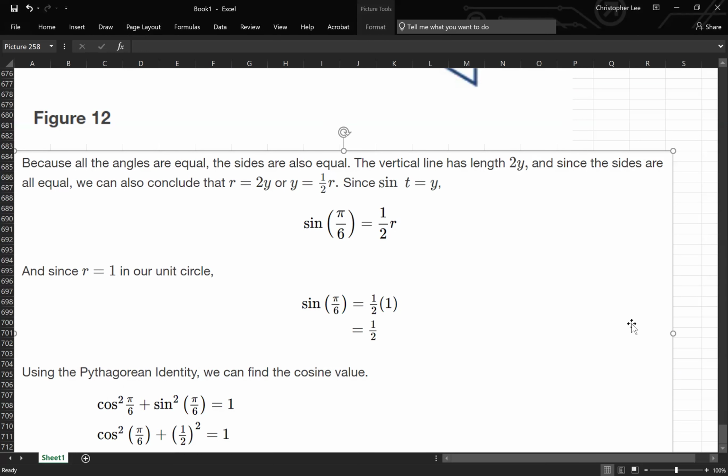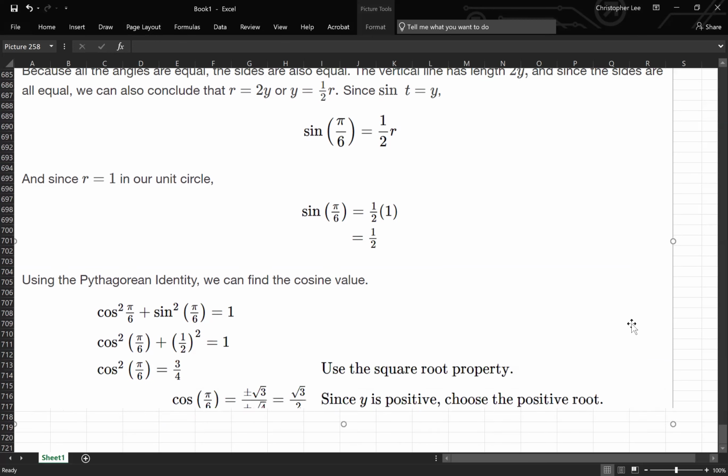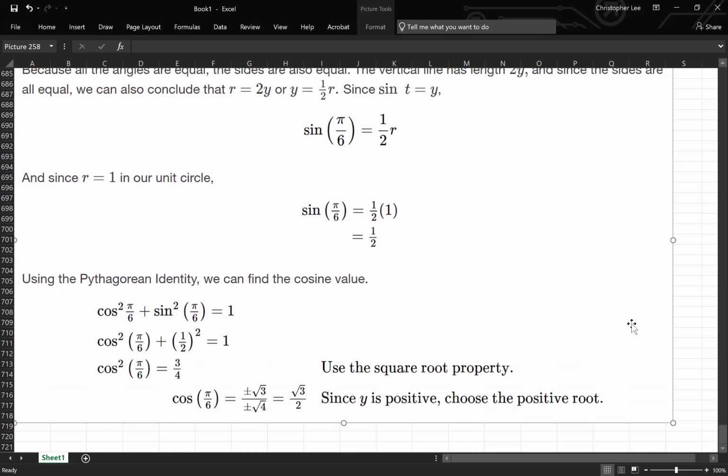Using the Pythagorean identity, we can find the cosine value easily. So cosine squared of pi over 6 plus sine squared of pi over 6 equals 1. Then we have cosine squared of pi over 6 plus (1/2) squared.